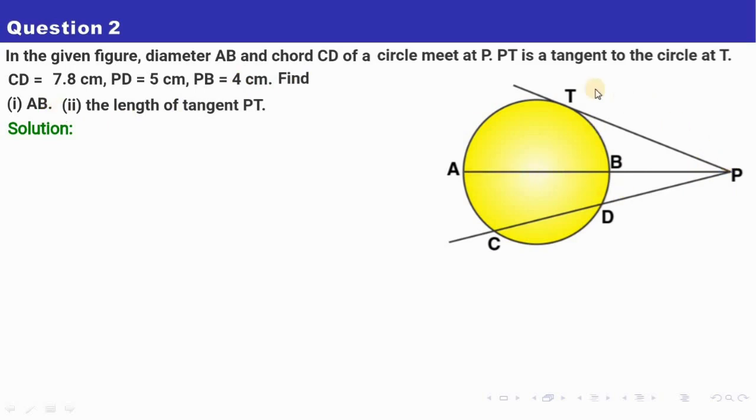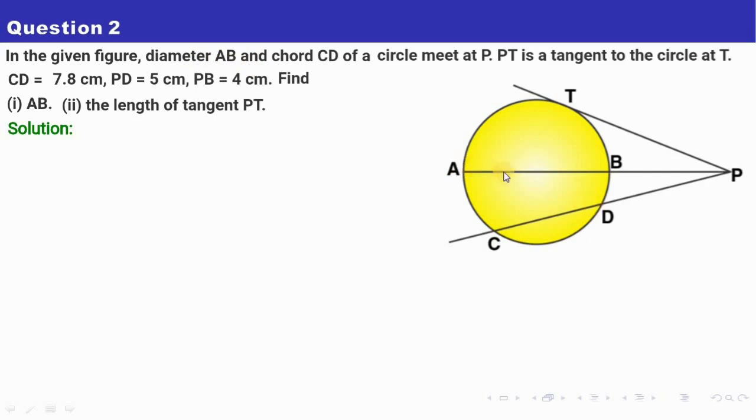Now forget about this tangent. Then AB and CD, both of them are chords. We can call a diameter a chord as well, but we cannot call a chord a diameter. You need to remember that.